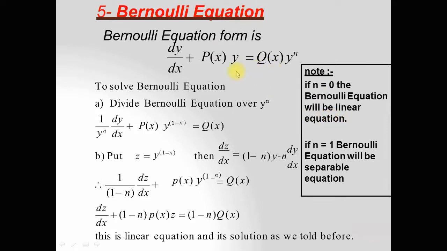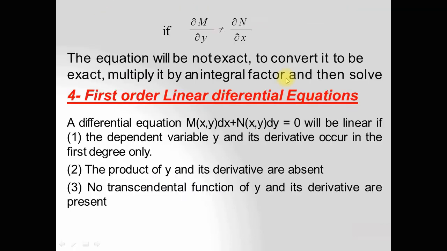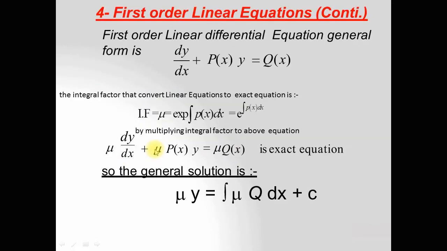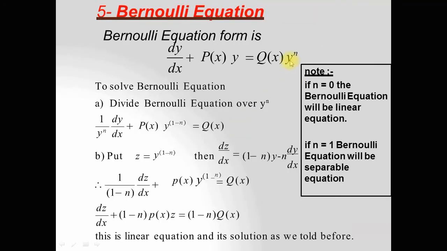Since we have already discussed for the linear equation that the degree of the dependent variable will be 1, like in the previous slide, the dependent variable y and its derivative occur in the first degree only. So if we put n equal to 0, then the degree of the dependent variable and its derivative is 1, so the Bernoulli equation becomes a linear differential equation.